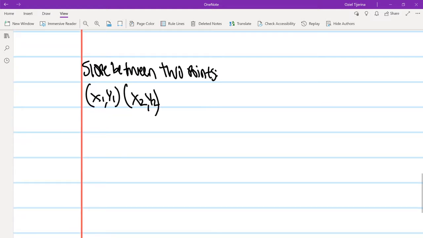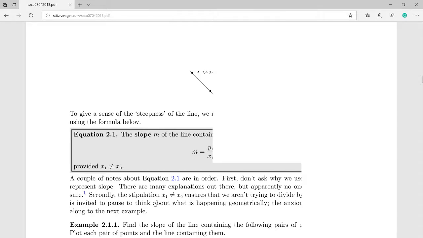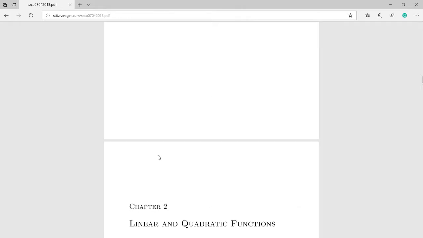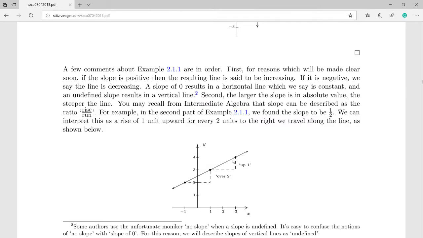I think there's a picture in here. Give me a second. So yes, like right here, you would say over 2 and up 1, or you would say rise over run.